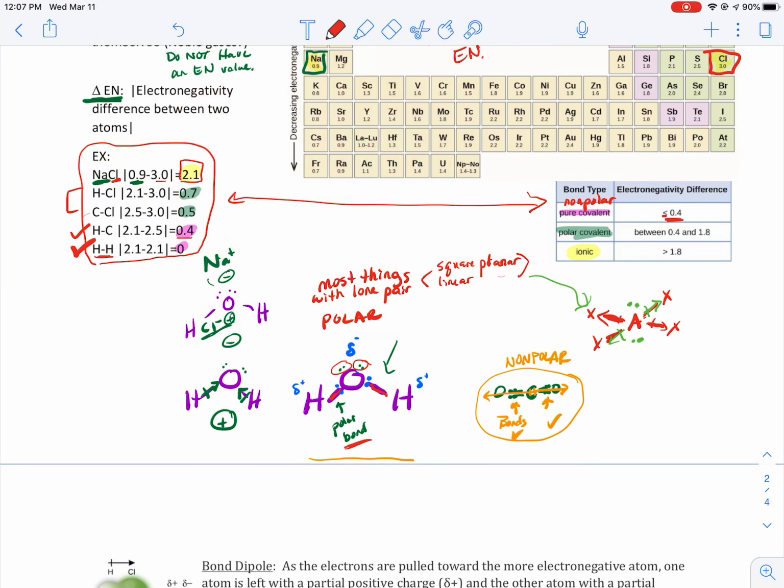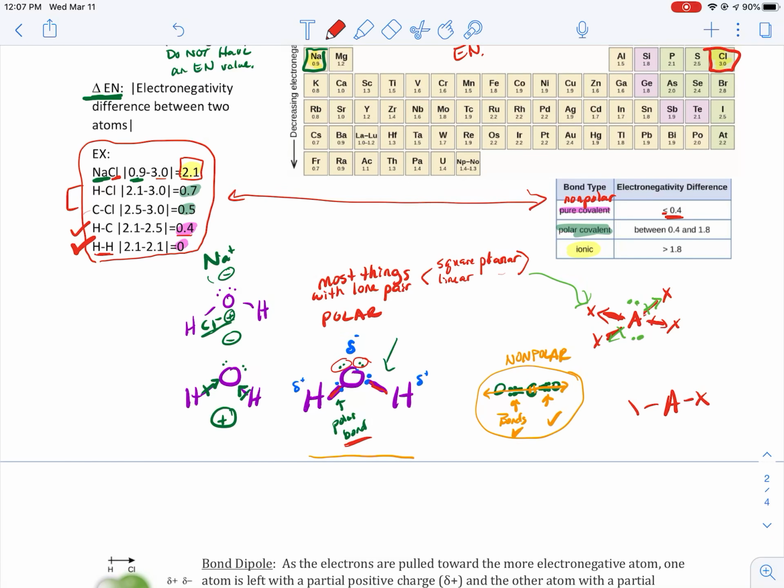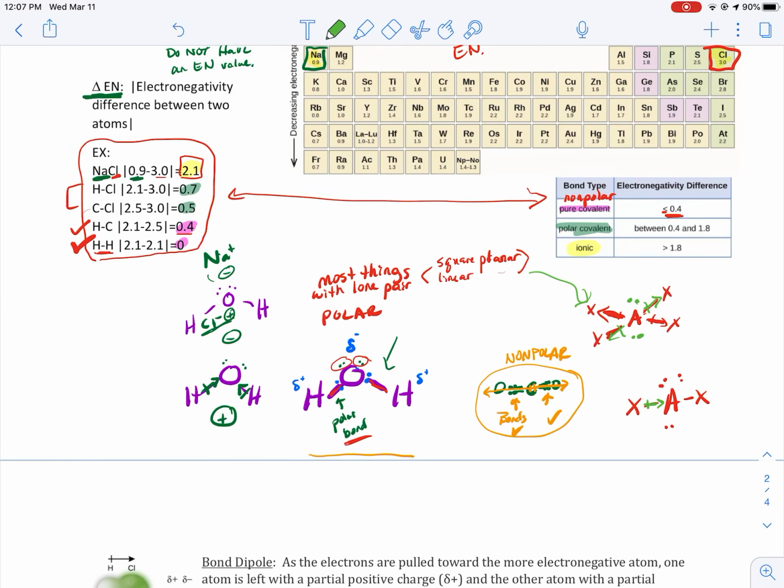And then the other picture is, again, something linear. And that's where you've got an axis. There's a situation where you can have lone pairs all around that atom, but still be linear. And that linear look is going to be something that is also nonpolar. So this is nonpolar, and this is nonpolar.